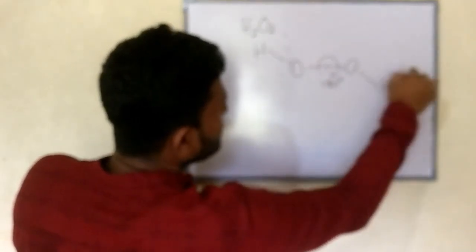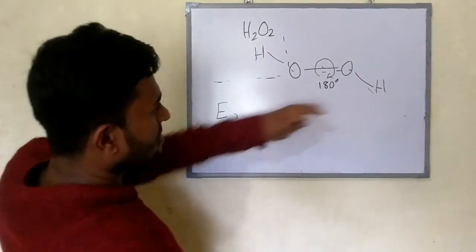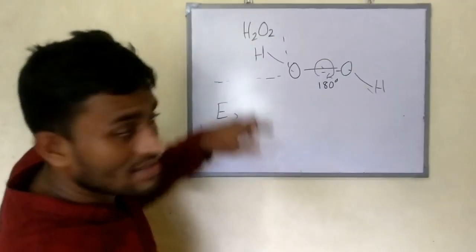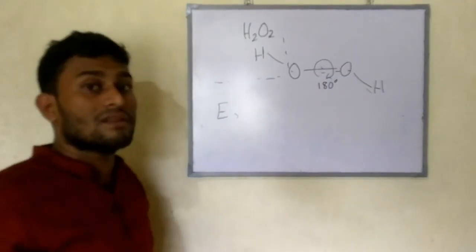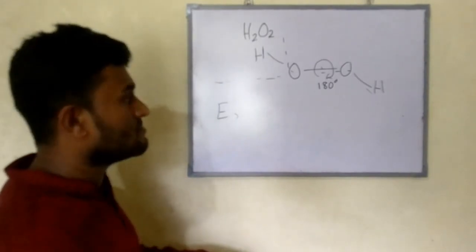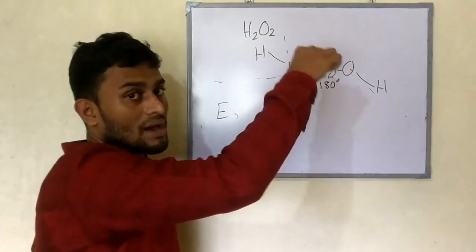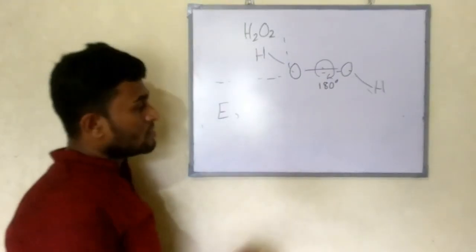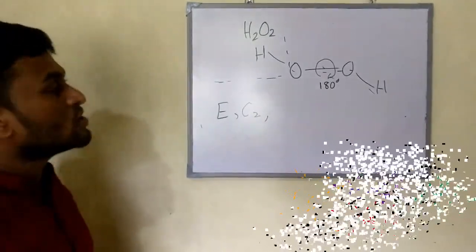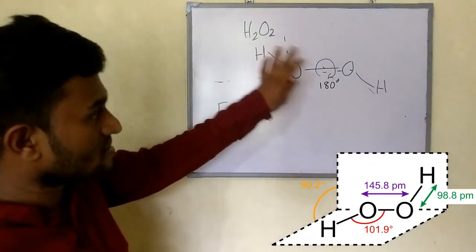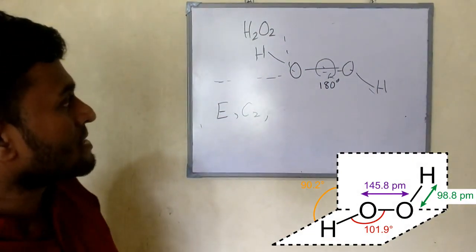Otherwise you can't take this C2 axis, because if you take this C2 axis, this hydrogen goes there, this hydrogen goes there, and the configuration of the hydrogen peroxide will be different in the resultant molecule. So you can't take that axis, but you can take this C2 axis going through the middle. So C2 is possible. And you can't take a plane because this is not a planar molecule.